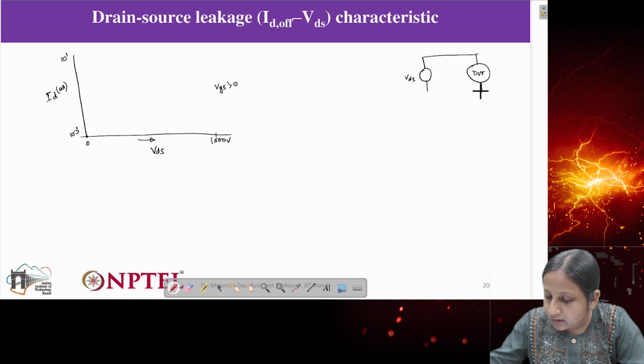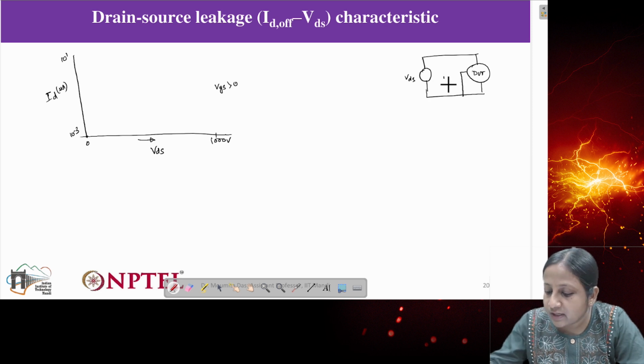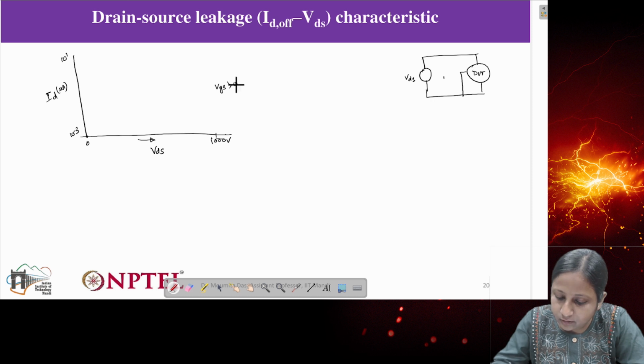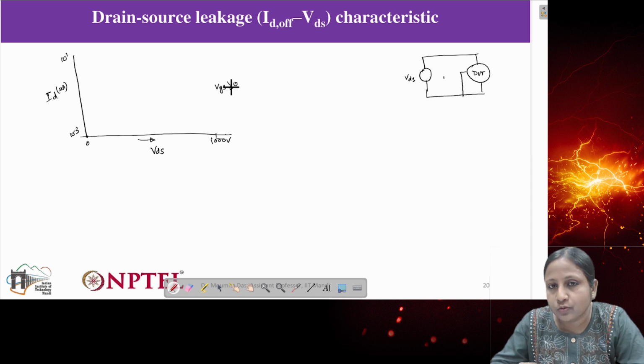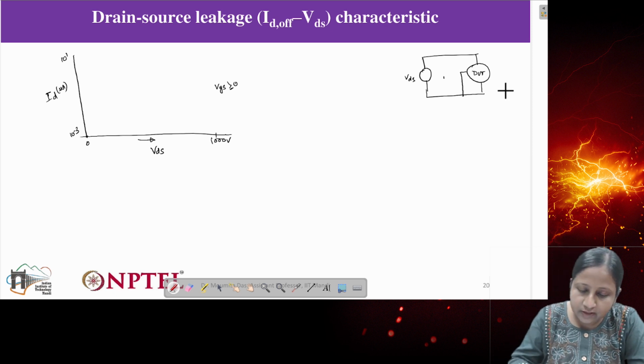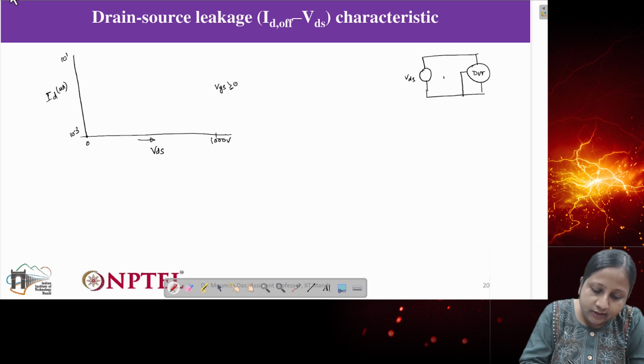So then what we can do, we are not providing gate to source voltage, so we can provide it constant, or we can just short the gate terminal. Either VGS should be greater than or equal to 0. We can provide 0 voltage also. How can we provide this 0 voltage? If we short this, we are not providing any voltage, and then we can achieve these leakage current characteristics.